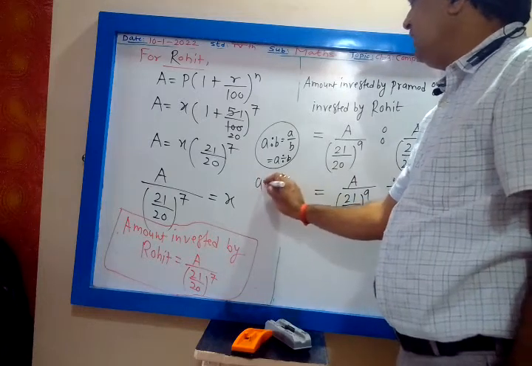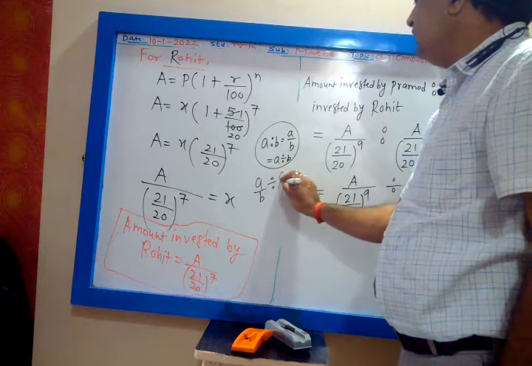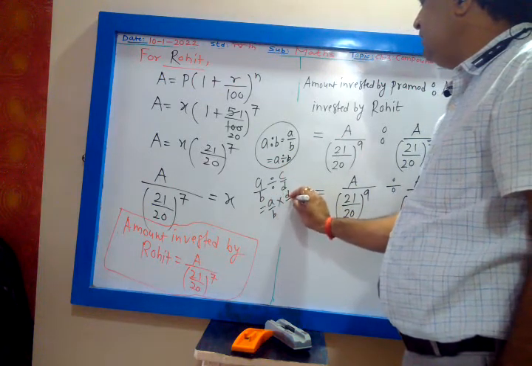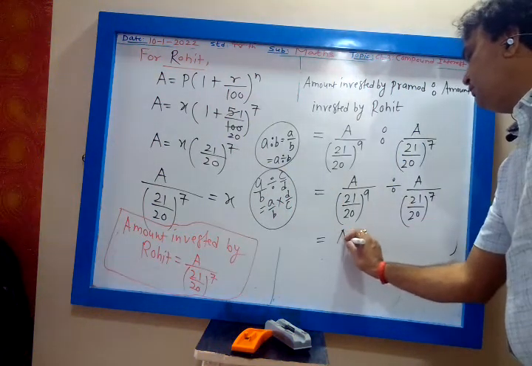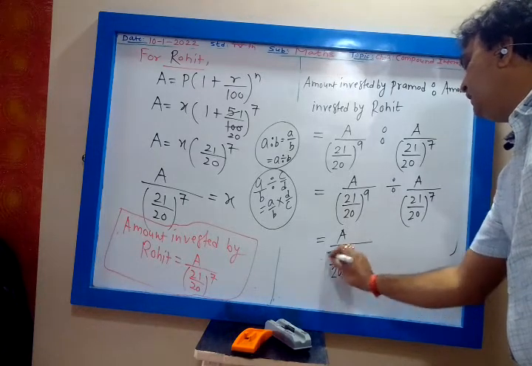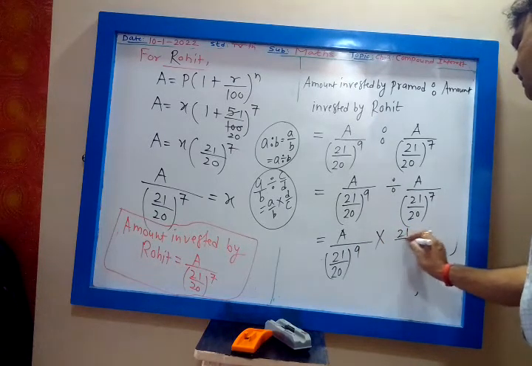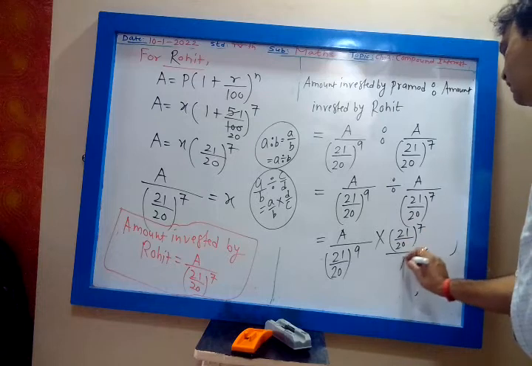So A divided by A by B divided by C by D is same as A by B multiplied by reciprocal of C by D, that is D by C. So this will be A upon 21 by 20 raised to 9 multiplied by 21 by 20 raised to 7 upon A, no? Upon A.